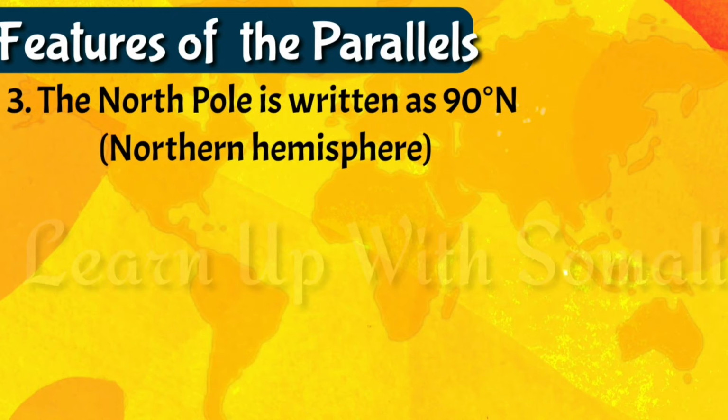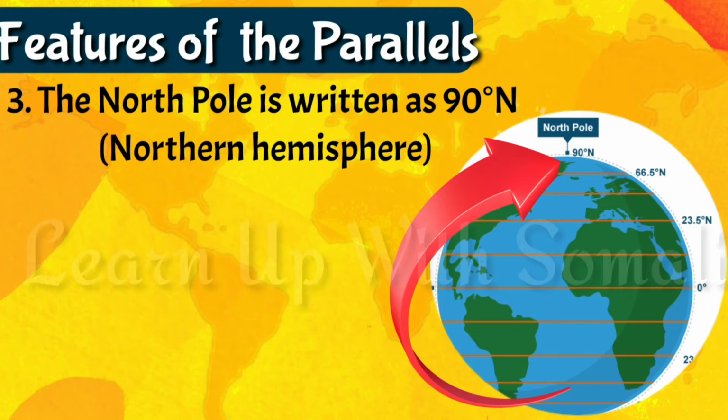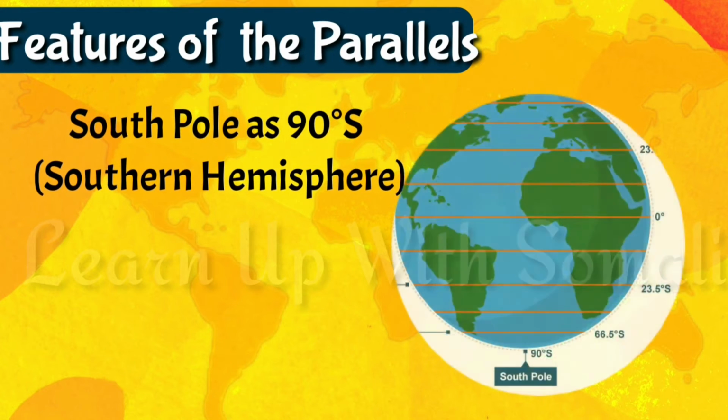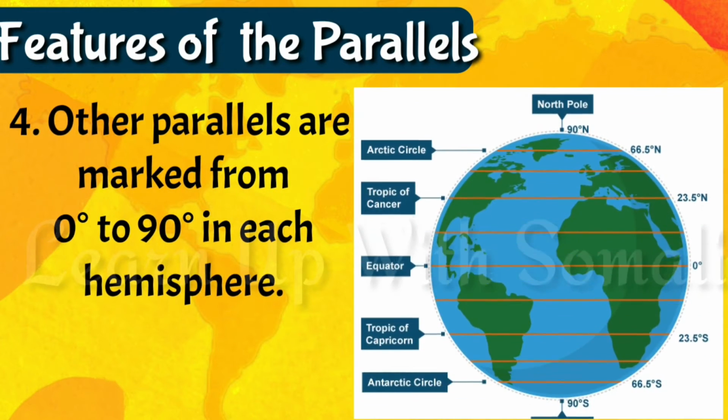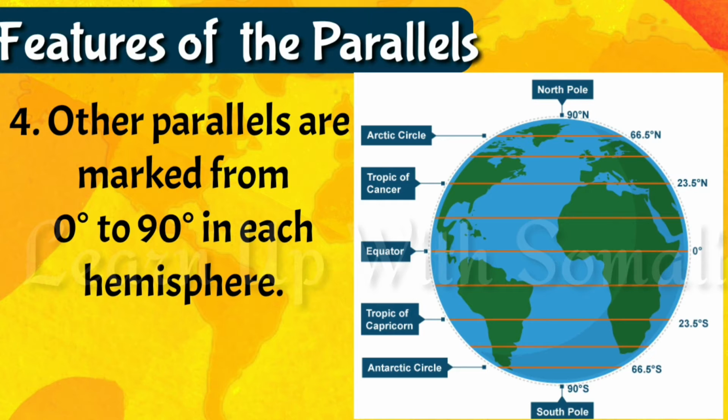Number 3. The North Pole is written as 90 degree north, that is northern hemisphere, and South Pole as 90 degree south, that is southern hemisphere. Number 4. Other parallels are marked from 0 degree to 90 degree in each hemisphere.